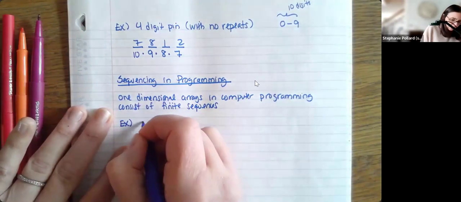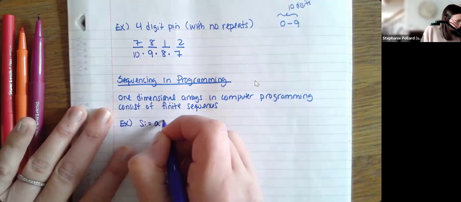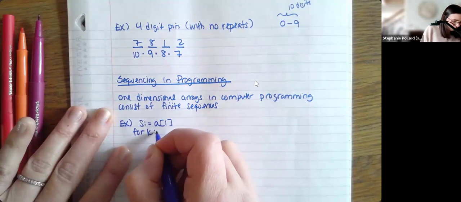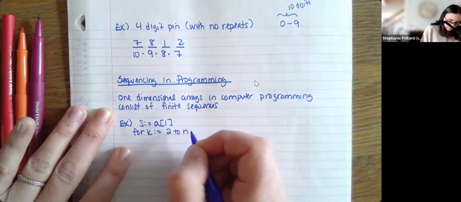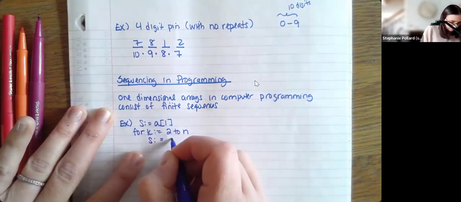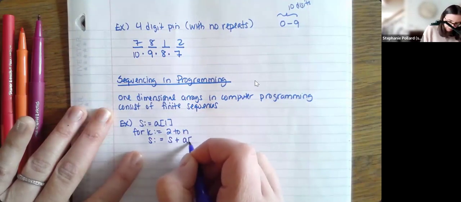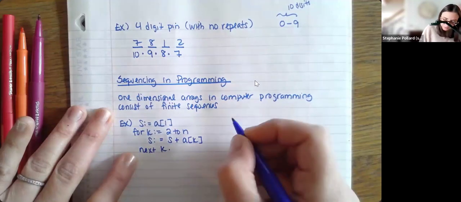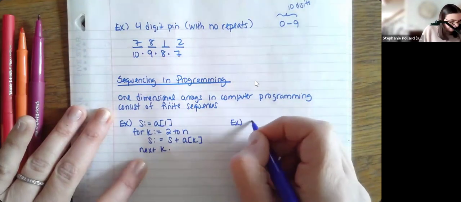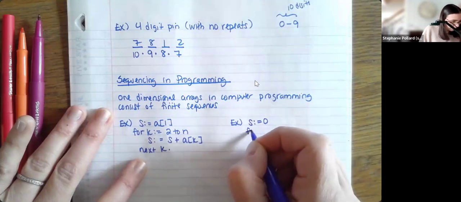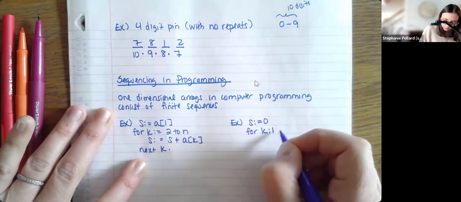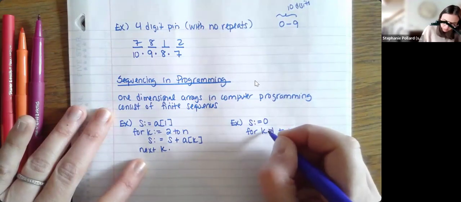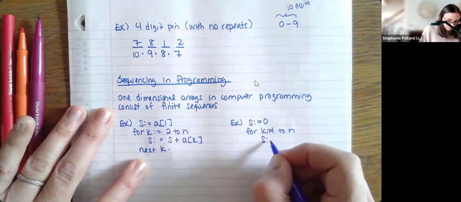So for instance, I'm going to give you the following segment here. Let me give you 2 segments for a second. You can copy these down at home. k equals 1 to n.